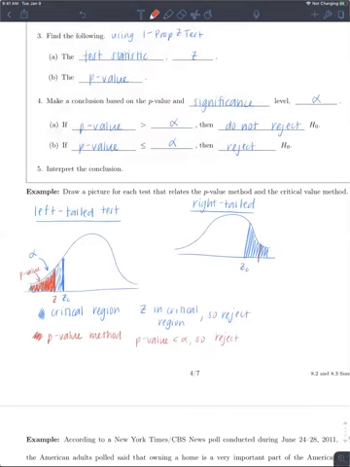If this is Z and here's my p-value, what I wrote right here is still true for this graph as well. And it would be if I drew the double-sided one, the two-tailed test. Are there any questions about these pictures that I just drew, or the difference between the methods at all?